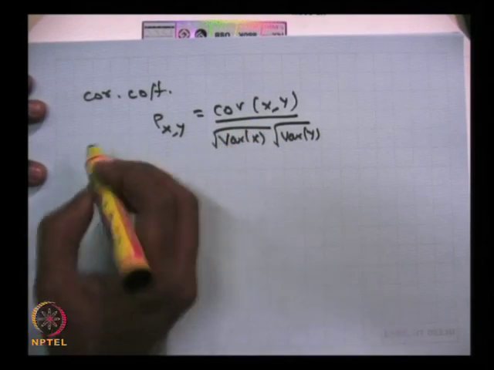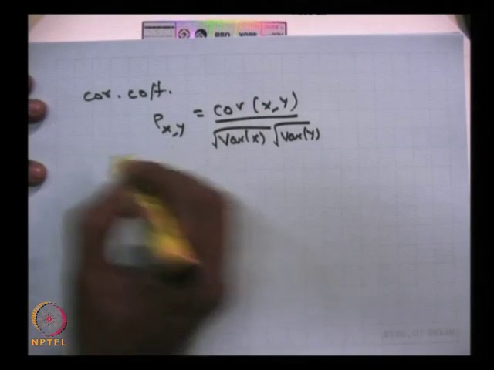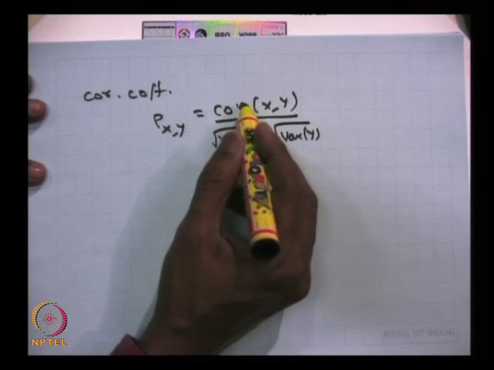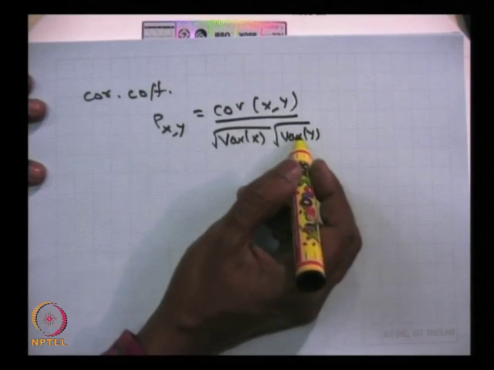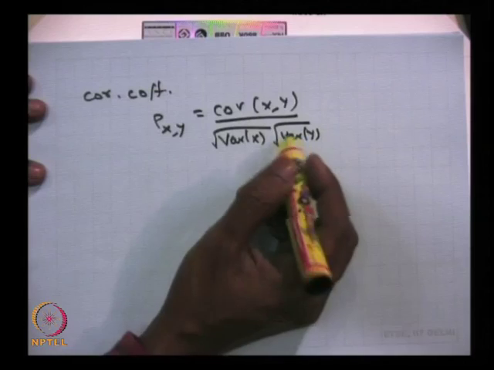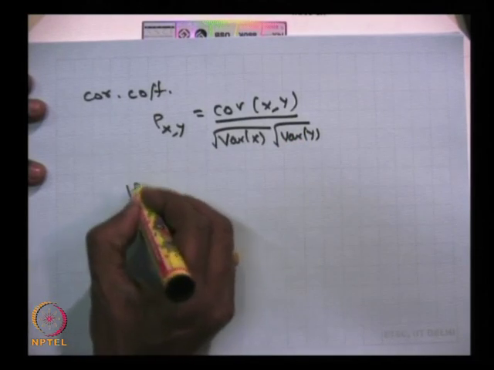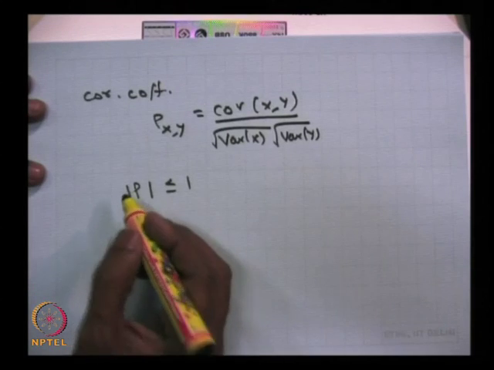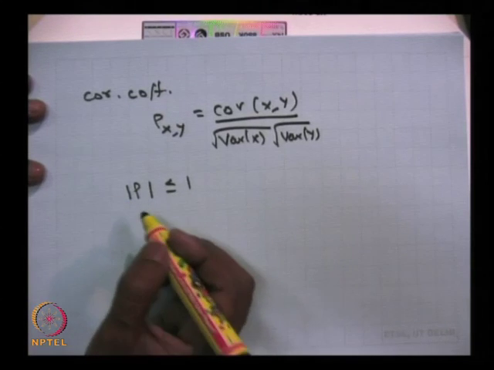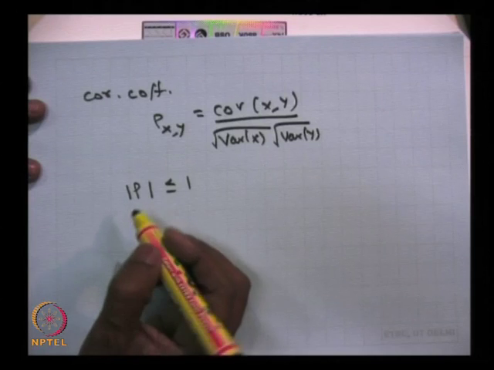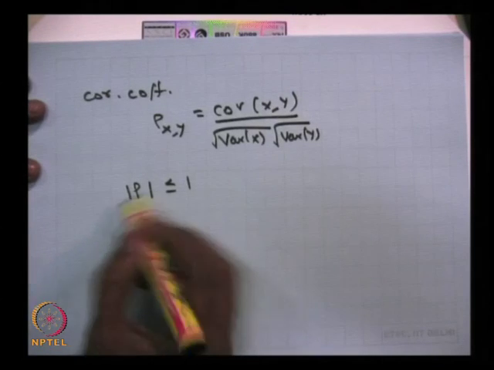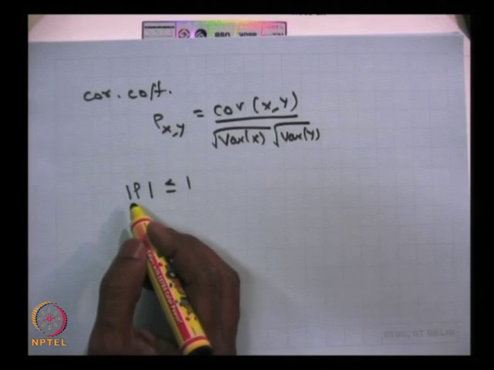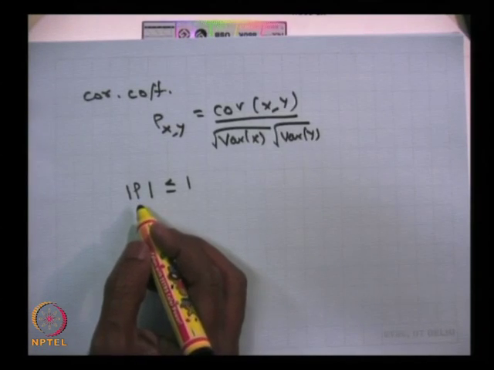Therefore, if the random variables are independent, then obviously rho equals 0, because the numerator is going to be 0. Since you are dividing the covariance by the square root of variance of x as well as y, this quantity in absolute value is always less than or equal to 1, that is, rho lies between minus 1 and 1. If the correlation coefficient lies between 0 and 1, you conclude it is positively correlated, and if the value lies between minus 1 and 0, it is negatively correlated.